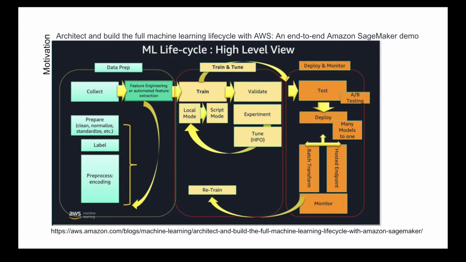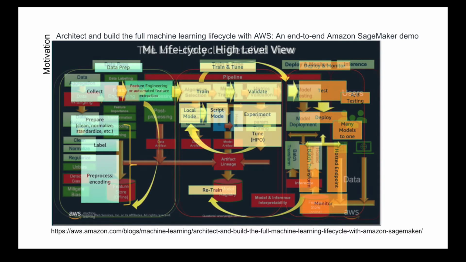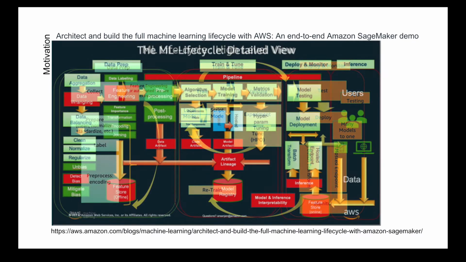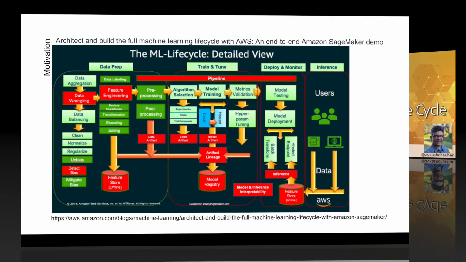So I have used the image to create the content for this tutorial. The full credit goes to the content creator who created this image, and that gave me motivation to create my own tutorial around it. So I appreciate their help. Now let's come back to our tutorial.